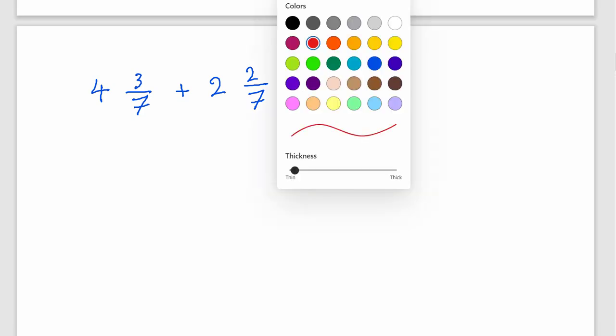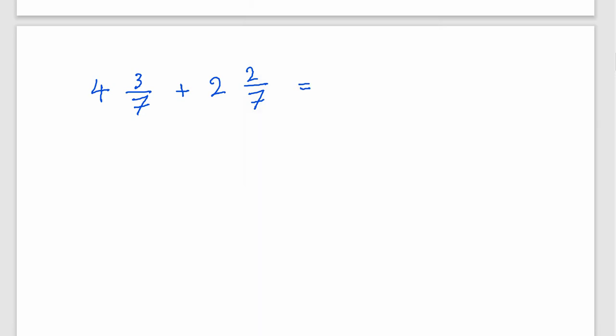Okay, let's start with a question like this one. 4 and 3/7 plus 2 and 2/7. My heroes, we used a very simple way yesterday by starting with fractions.